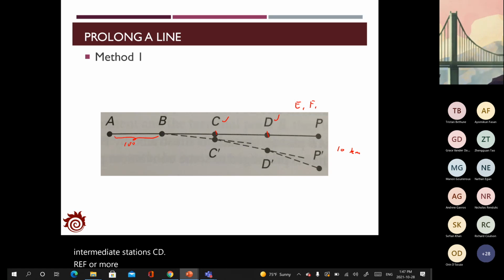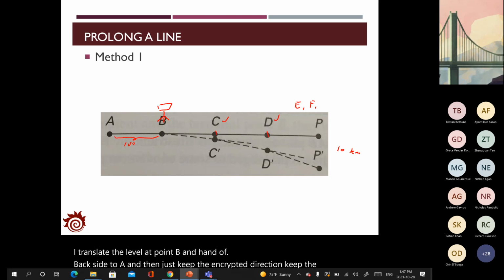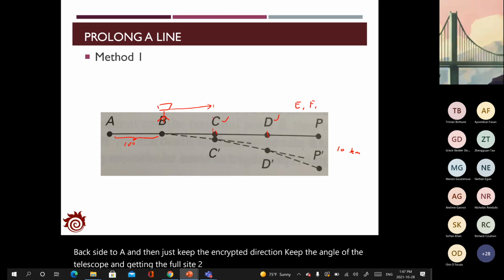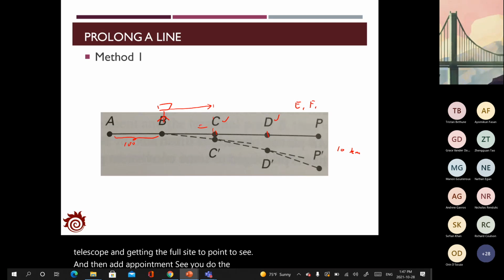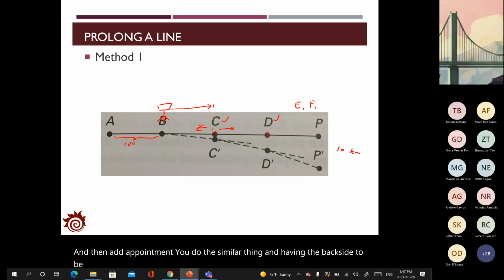What you're going to do is put the transit level at point B with the backsight to A, keep the angle of the telescope, and get the foresight to point C. Then at point C, you do the similar thing: you have the backsight to B and the foresight to D. But there will be some risk.